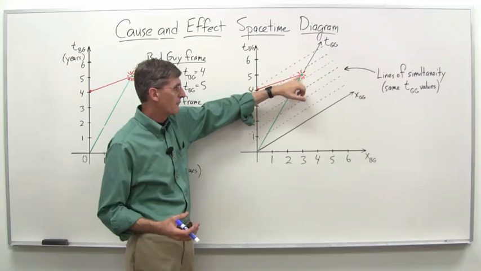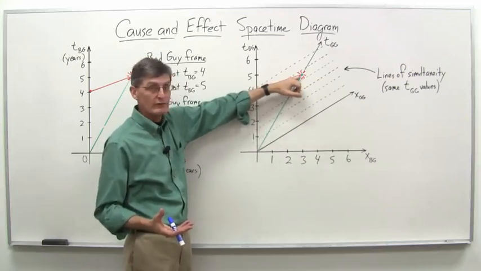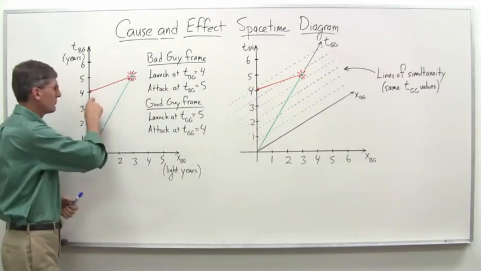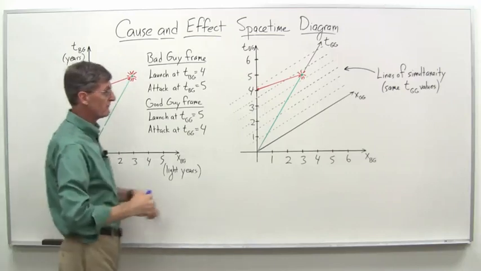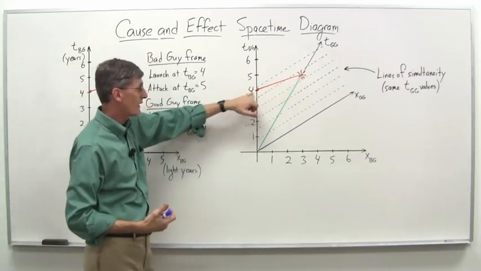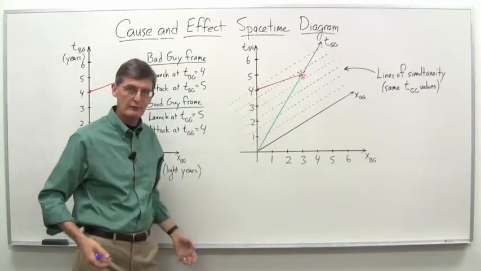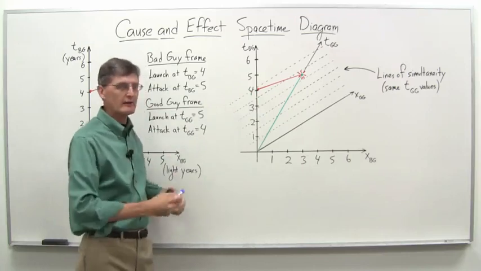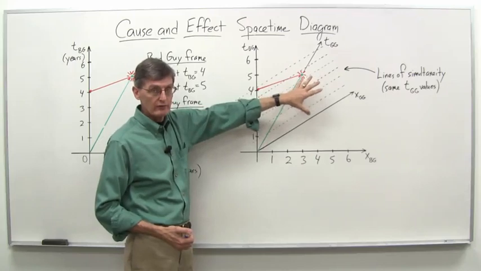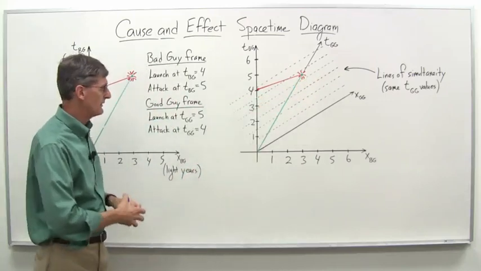Somebody observing, maybe if the good guys had 2 ships and one ship got attacked, the other ship would see the bad guy's ship, instead of going from the launch point here to the attack position, go from the attack position there and travel backwards to the launch point, and then presumably see it get disassembled and all that. So it almost, in a sense, would be like time running backwards for the good guy's frame of reference.